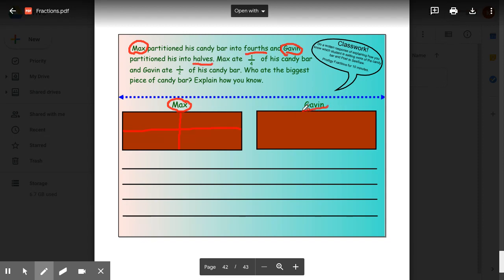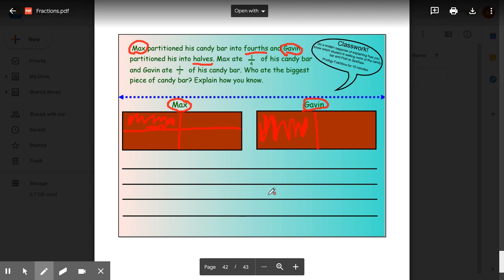This is Gavin's candy bar, so we are going to partition it into halves. Max ate 1/4 of his candy bar, and Gavin ate 1/2 of his candy bar. So Max ate 1 out of 4 pieces, and Gavin ate 1 out of 2 pieces.